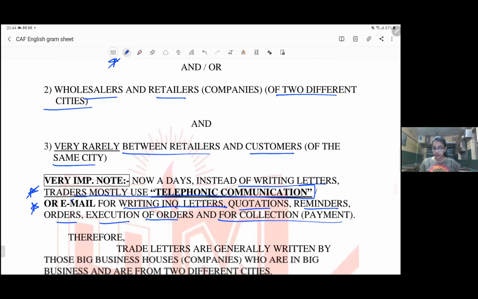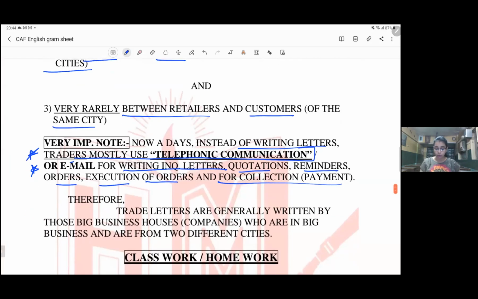Therefore, trade letters are generally written by big business houses from two different cities. Those in the same city mostly follow telephonic communication.